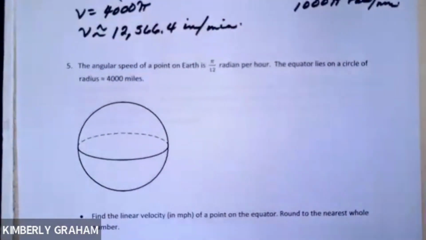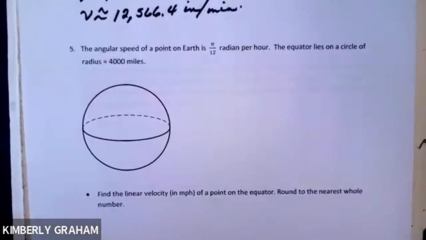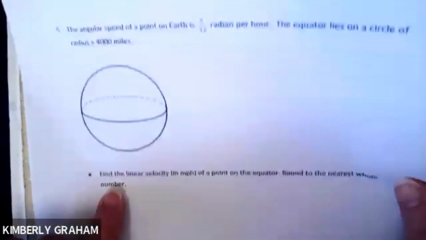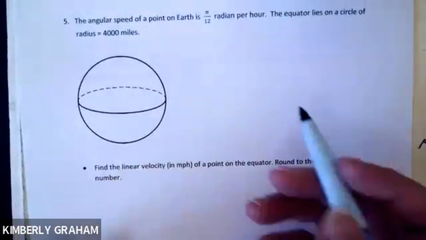Problem 5, the angular speed of a point on Earth is pi divided by 12 radians per hour. The equator lies on a circle of radius 4,000 miles. And in this first part of the problem, I want to find the linear velocity of a point that is on the equator.